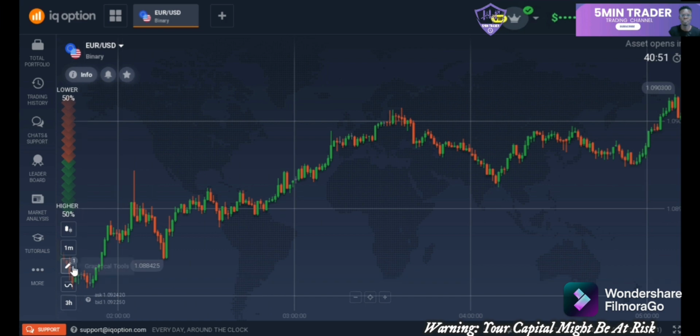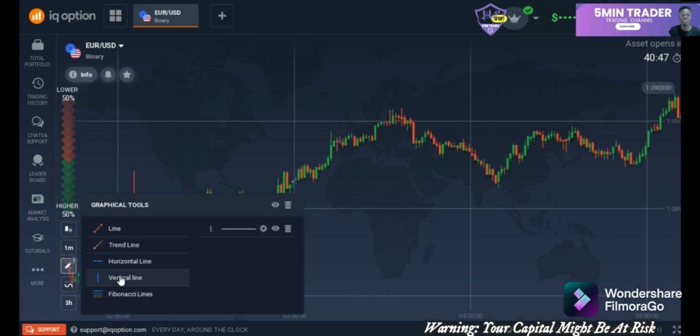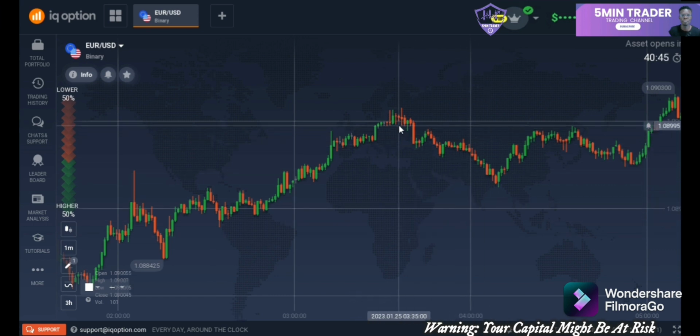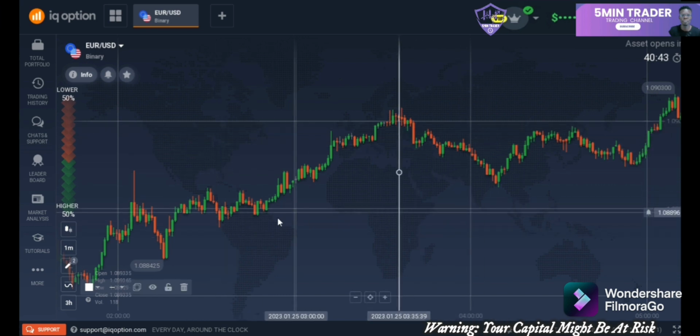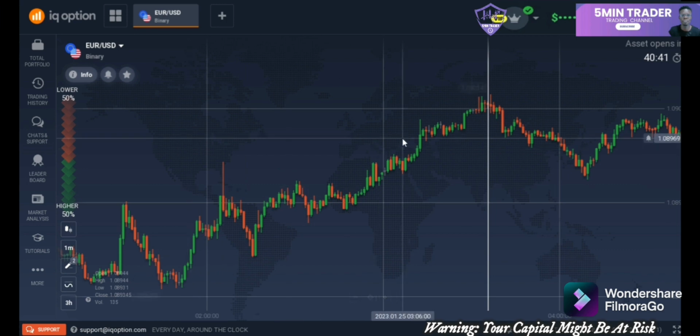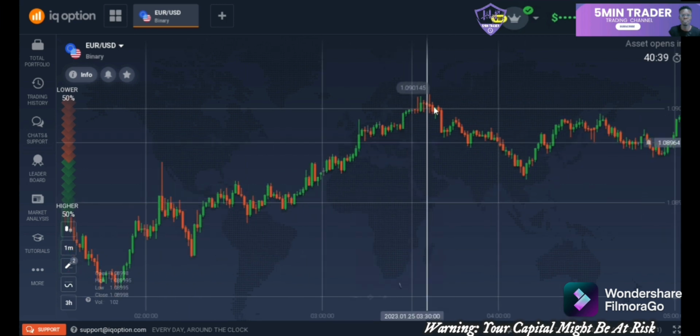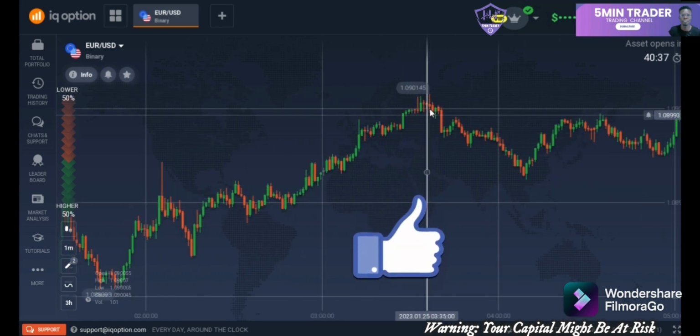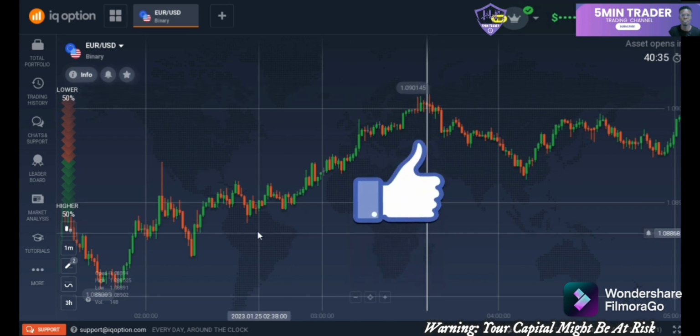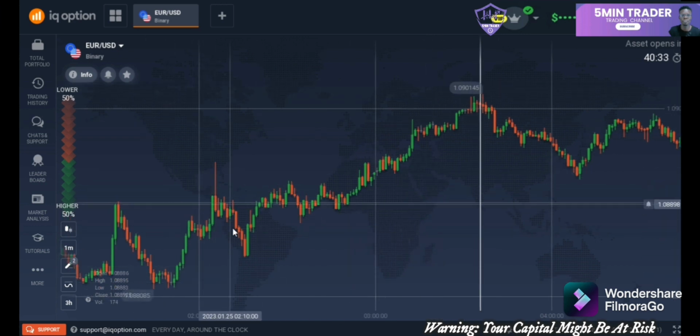Now let's assume that the market was around this zone when we came in to the market, and it is an uptrend. You cannot trade around this area. You can't trade here because this is a low, this is a high, this is a higher low, this is a higher high.